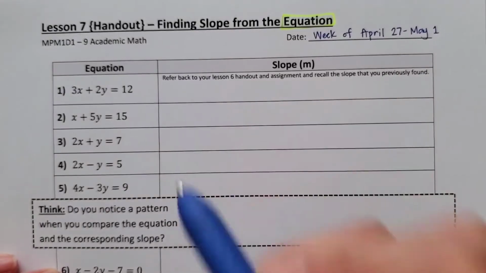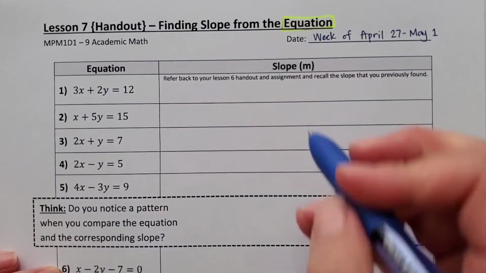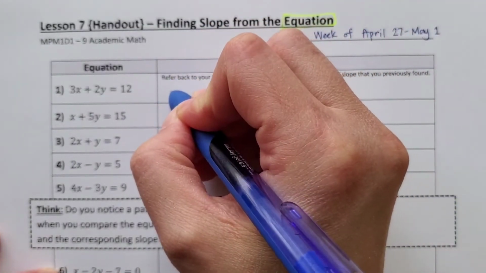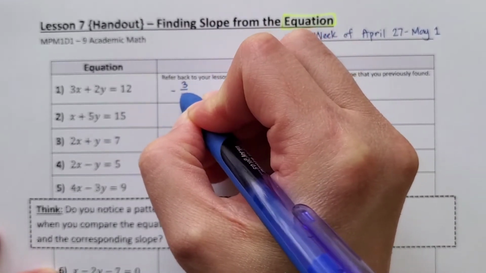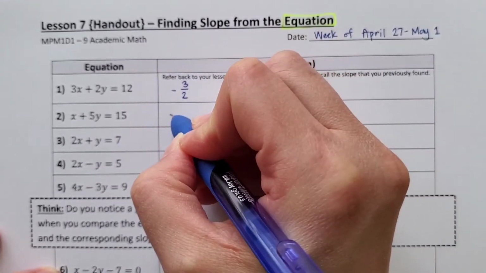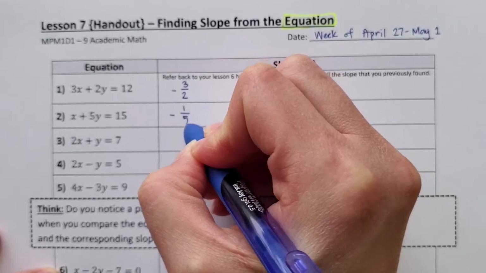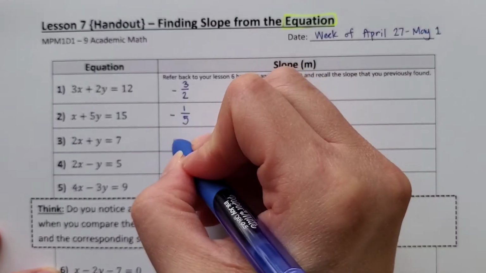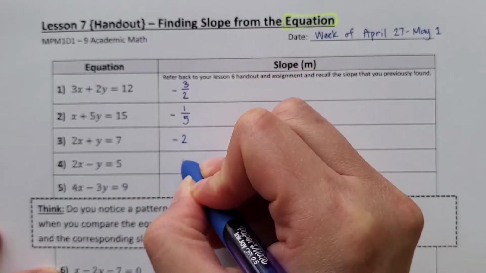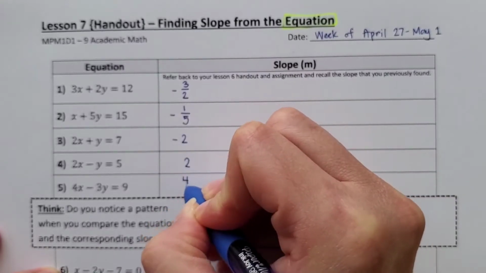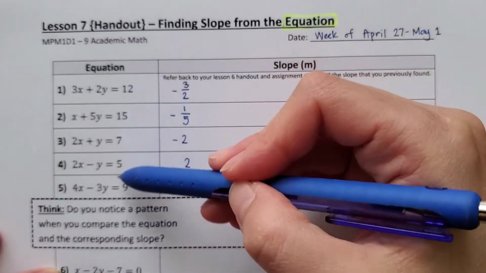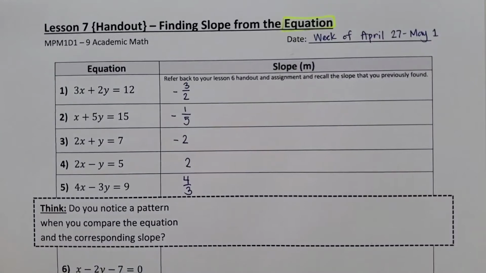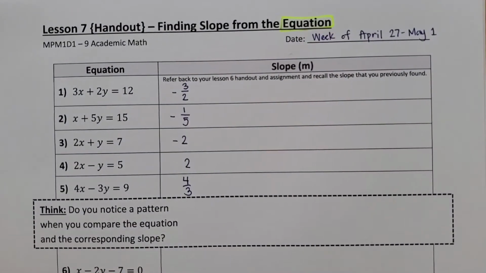I'm just going to write down the slopes that we got from before. So for the first one, we got that the slope was -3/2. You are welcome to go double check to make sure that I did this right, if that helps you. And then this is 2 and this is 4/3. Again, these questions are the questions that you dealt with last week in your lesson and in your assignment.